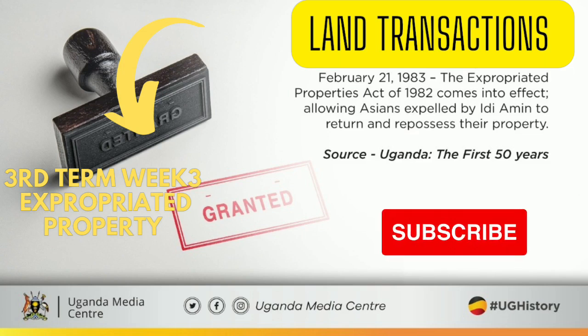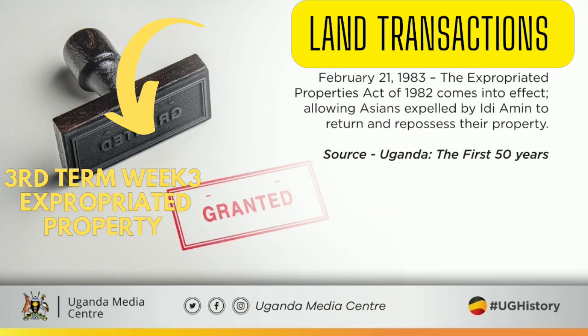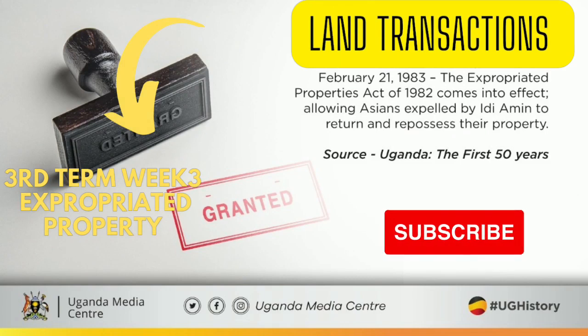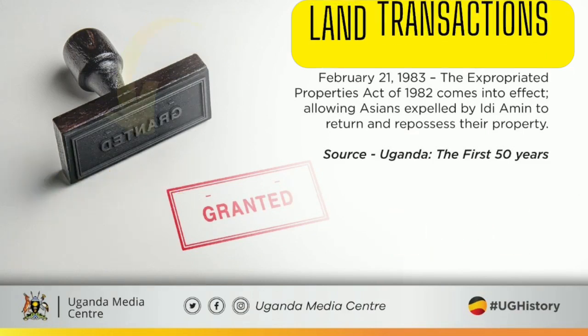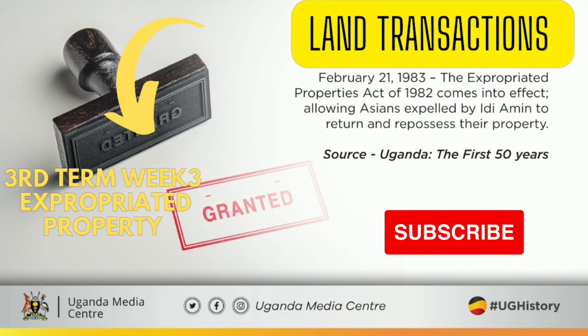For you to be able to understand, we have basically three acts. The first act is known as the Assets of Departed Asians Act. That act operated before the property was expropriated. So if you want to understand what amounts to expropriated property, the process of expropriating property is under the Assets of Departed Asians Act.